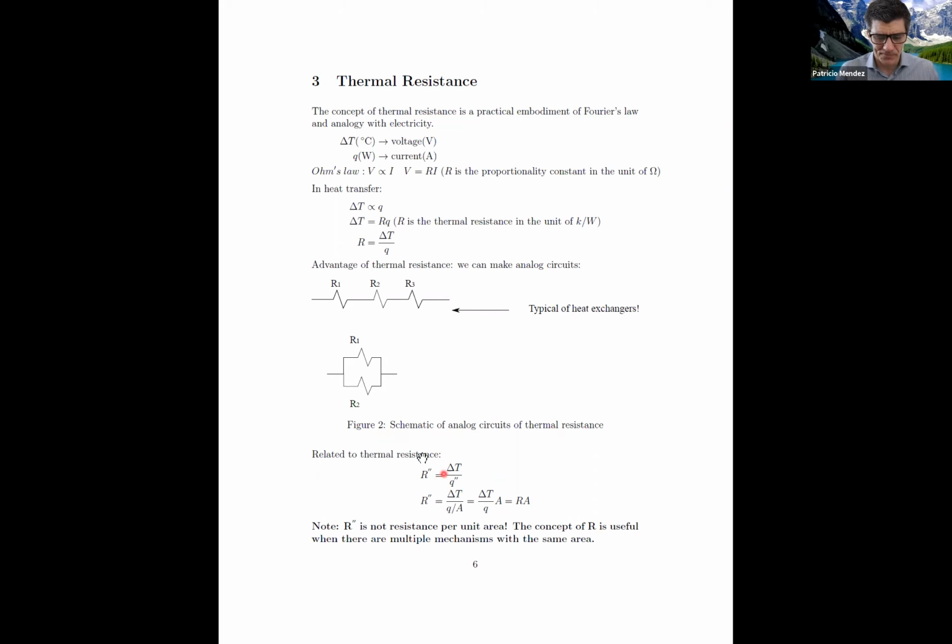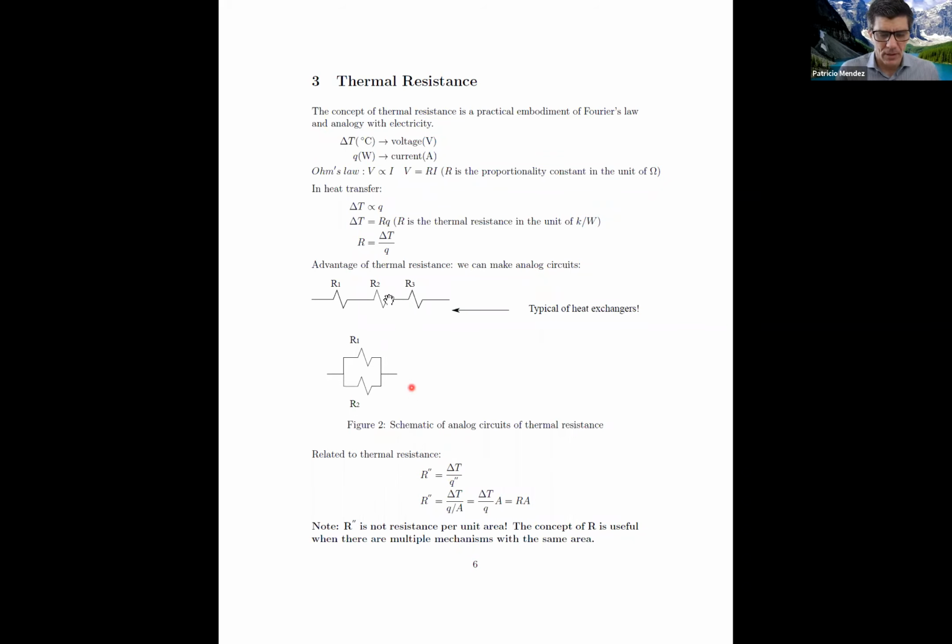We saw that resistance is delta T over Q. But if instead of heat rate Q I use heat flux, Q double prime, delta T over Q double prime gives a resistance I'm going to call R double prime.